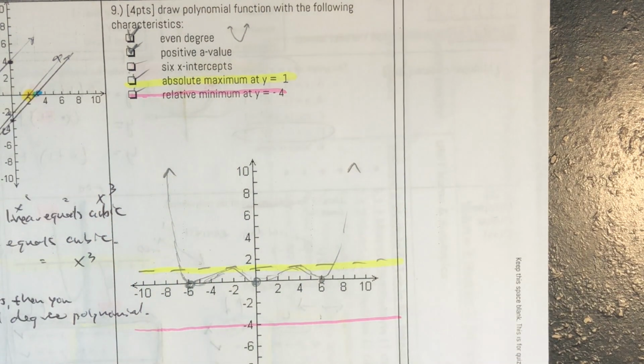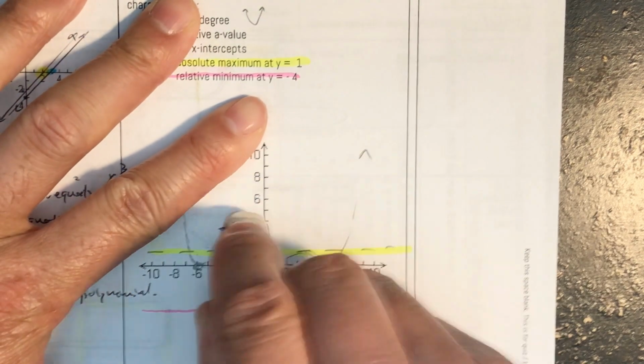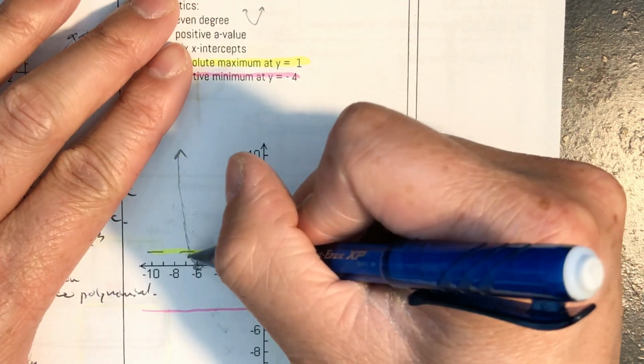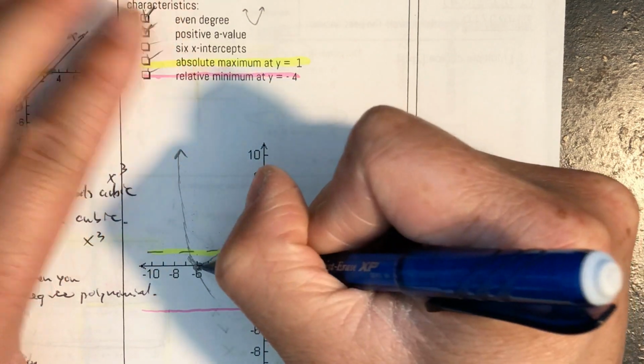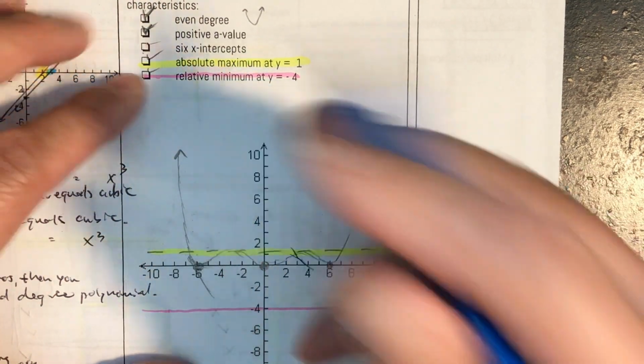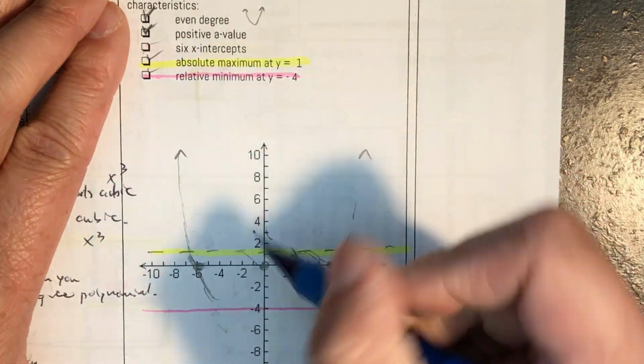So let's go. What did I do with my eraser? You can go below here. You see that? I can't, because I know those are even, so I'm going to have to draw another 0.